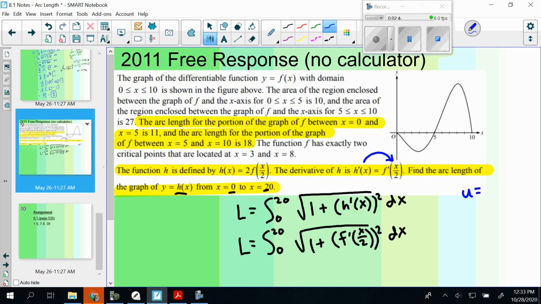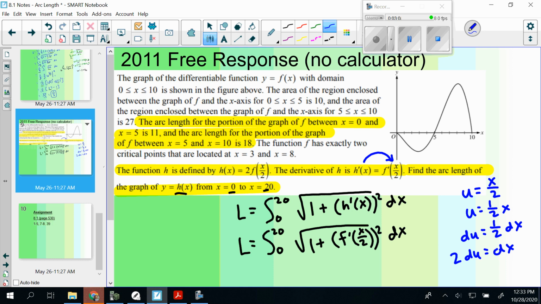Let's substitute in for x over 2. Since we got a function inside another function there, let's make that substitution. That's the same as 1/2 x, and so the derivative of this would be 1/2 dx. Meaning, when we substitute in for dx, that would be equal to 2 du.